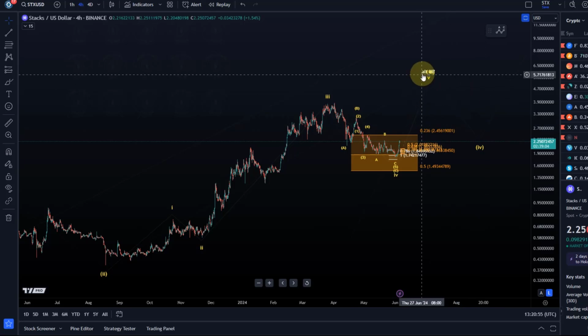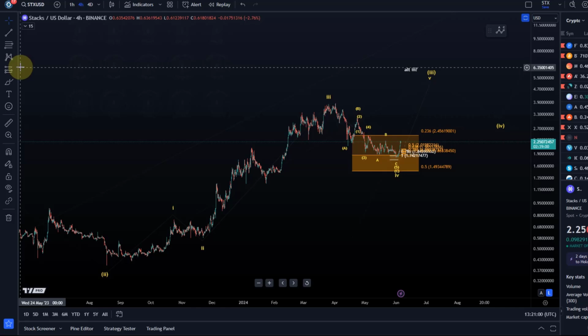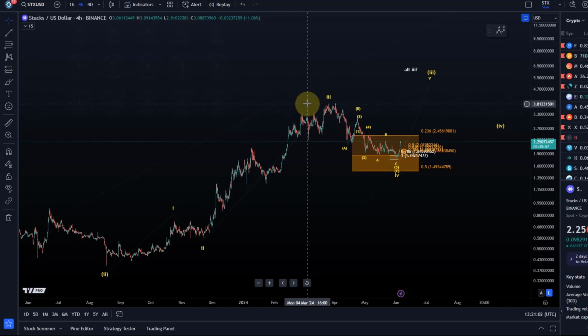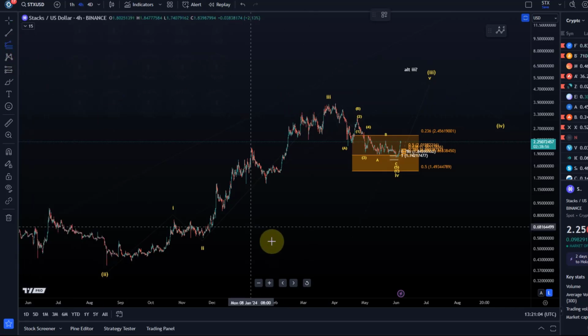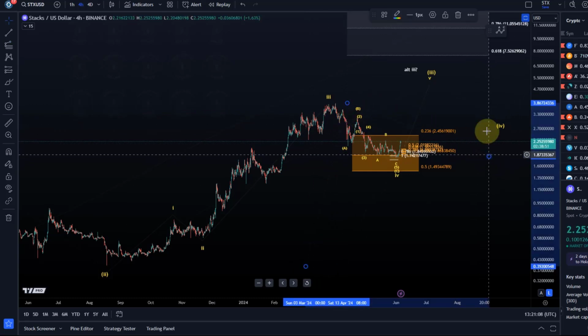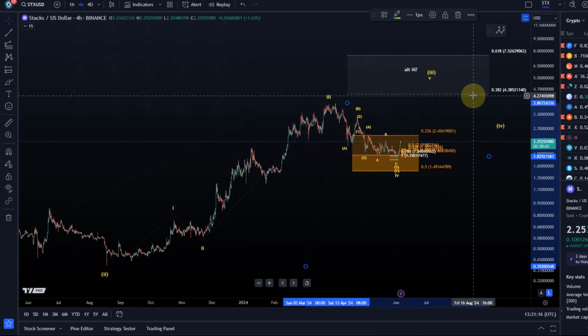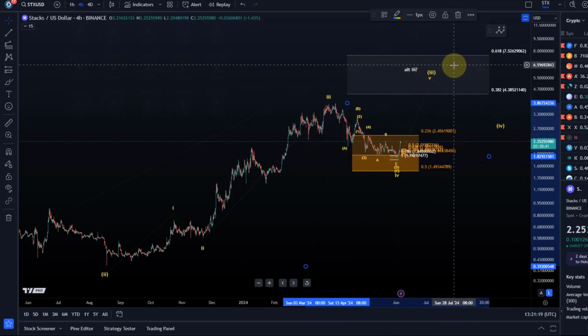The overall target for the fifth wave to the upside, based on this structure, is this third. It should minimally get above 3.80 anyway, looking very much at the 38.2 or 61.8 extension levels. So I've got as next upside levels to watch 4.38 and 7.52.